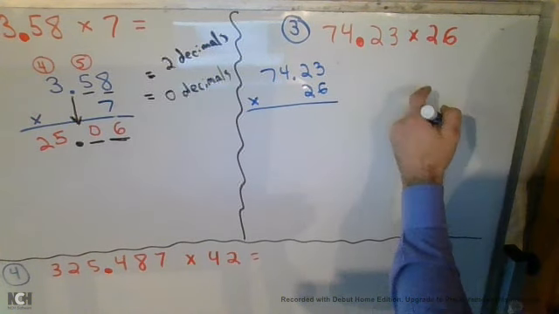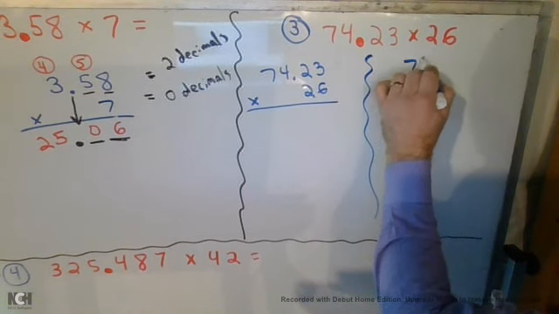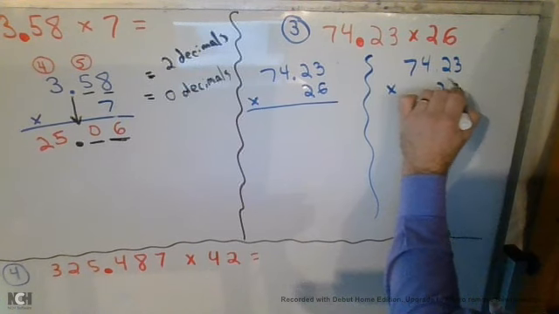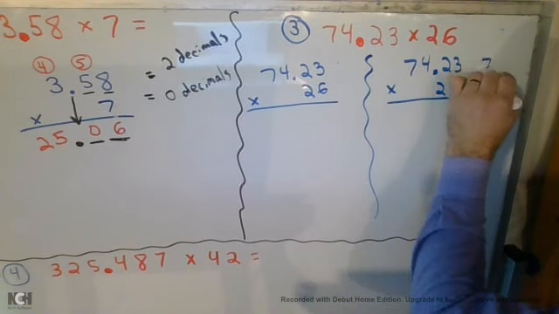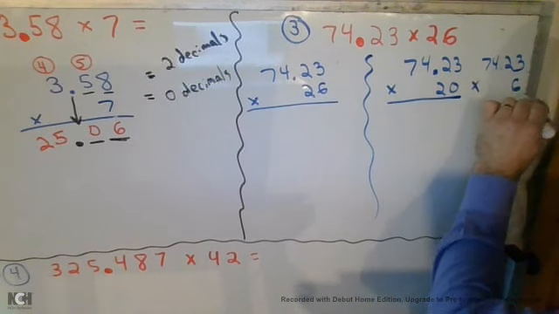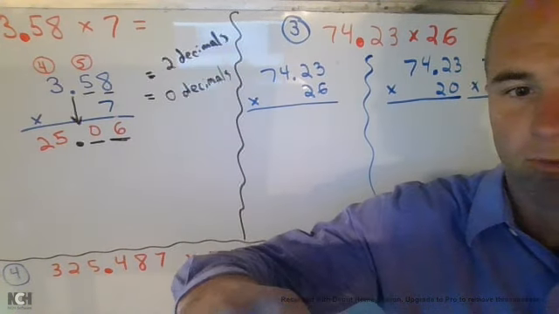Or you might do it where we break up the 26 and do 74 and 23/100 times 20 and 74 and 23/100 times 6. You pick whichever strategy you want to do that works best for you. You may hit the pause button now to work on solving this problem.